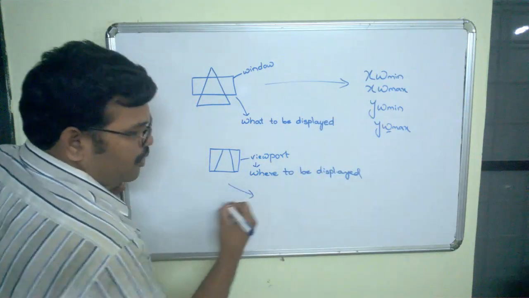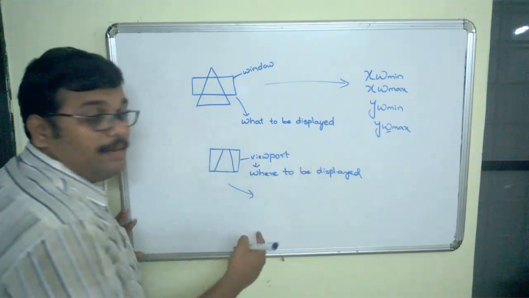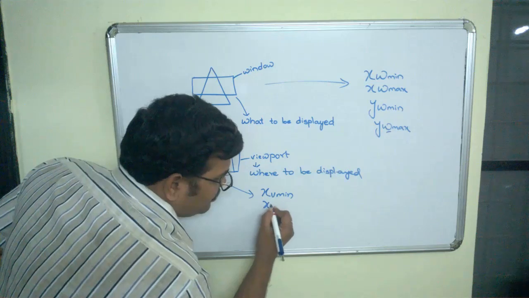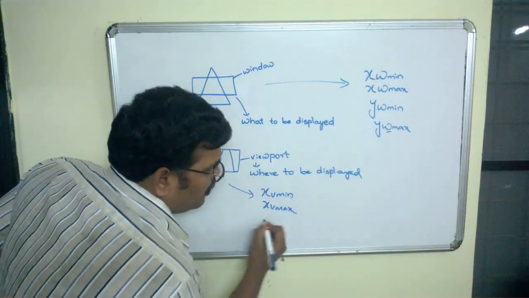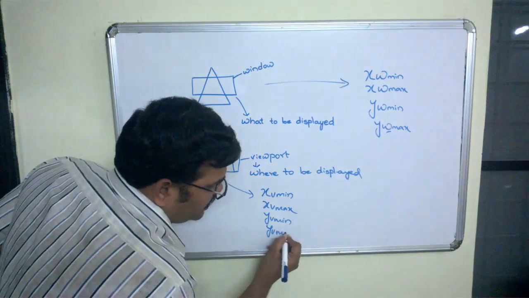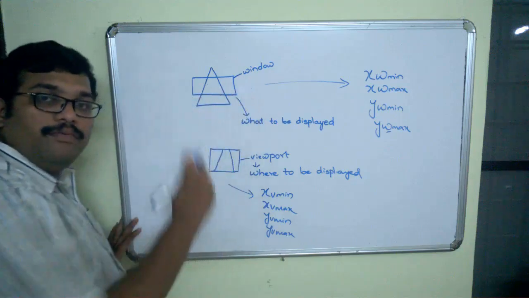Similarly, for this viewport we will have coordinates that can be represented as xv minimum, xv maximum, yv minimum, yv maximum. So these are the boundaries of a viewport and these are the boundaries of a window.